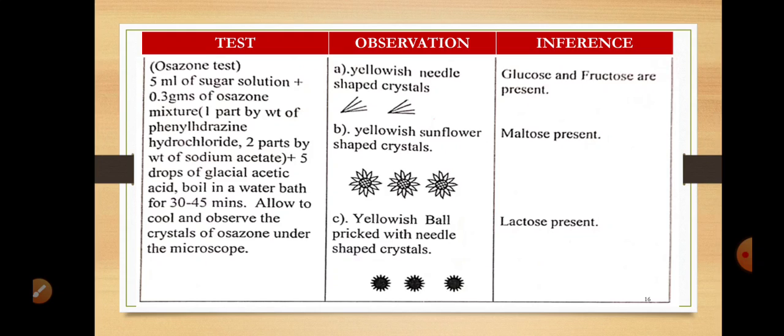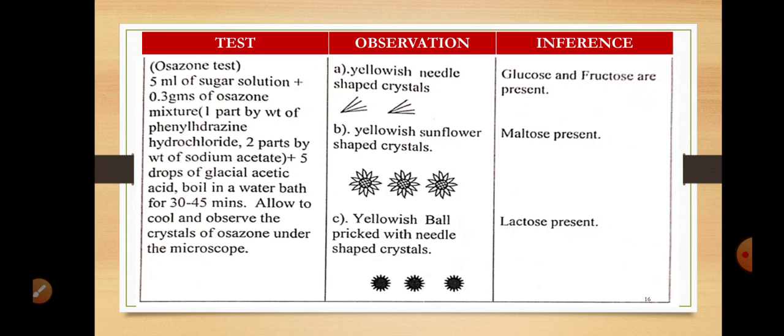Then one more observation is if yellowish balls pricked with needle shaped crystals are seen, that is, a ball pricked with needles, yellowish in nature. If such crystals are seen, it indicates the presence of lactose.